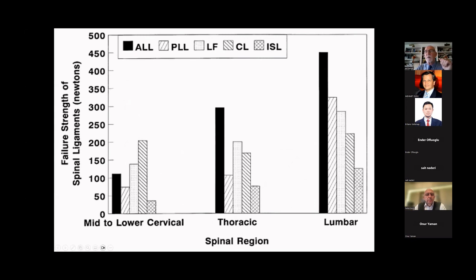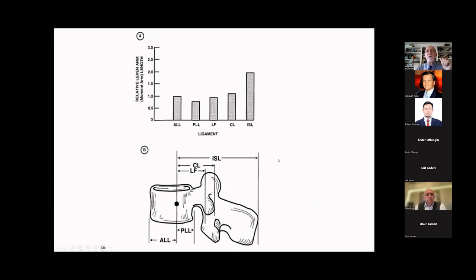And in the lumbar spine, the interspinous ligament is relatively weak compared to the other ligaments.